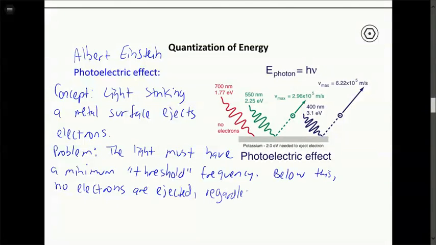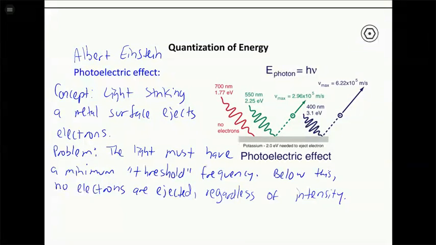Alright, so the idea at the time was, and if we look at this picture here in more detail, it sort of shows it in an arbitrary sense. The writing is kind of small, but this is a potassium surface. And what they observed is if you shine 700 nanometer light, which is red, in the part of the visible spectrum, on the surface, nothing happened.